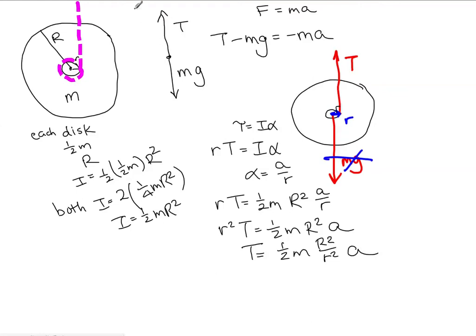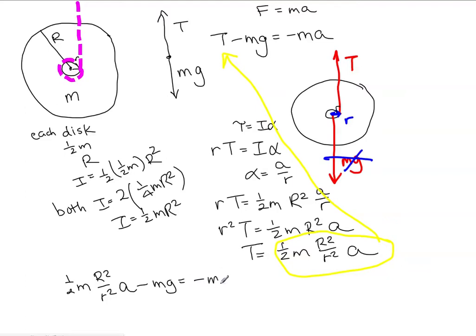And now I can stick this in there and get an equation that looks like this: 1/2 m big R squared over little r squared a minus mg equals minus ma.